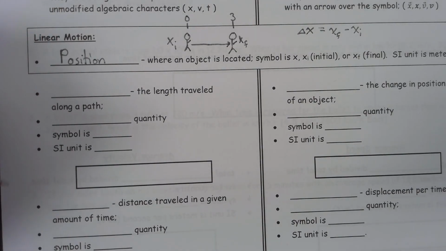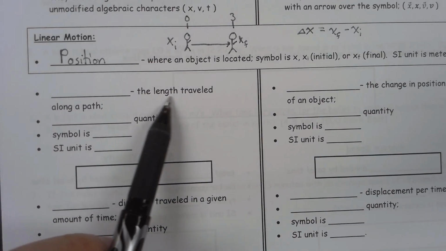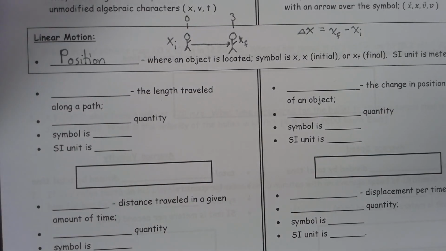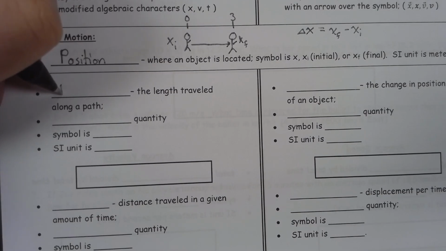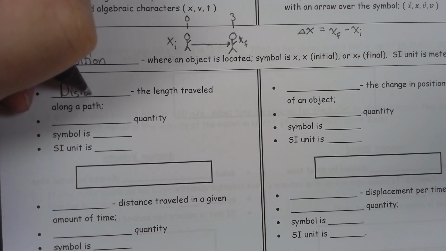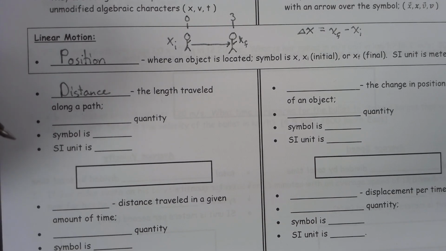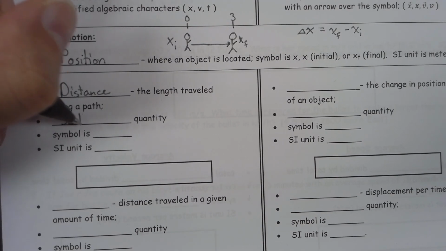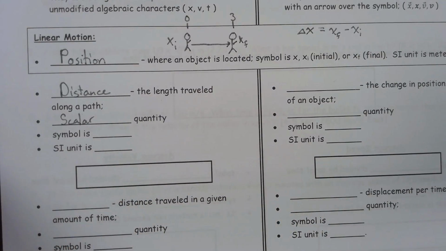So linear motion. If I'm talking about a scalar quantity, what's the old word that meant a length traveled along a path? Distance. Good. Distance. And we know that it's a scalar just because we're on the scalar side of the paper.